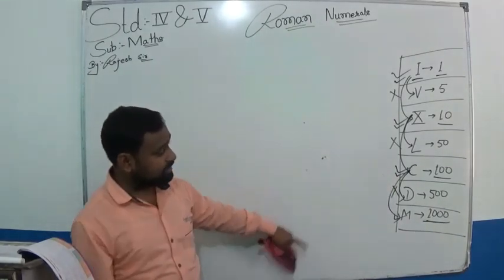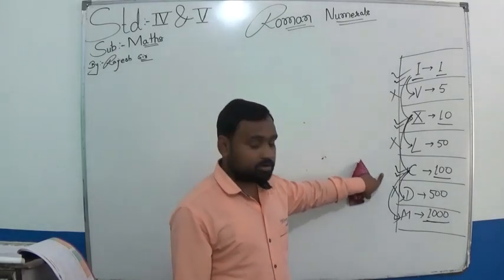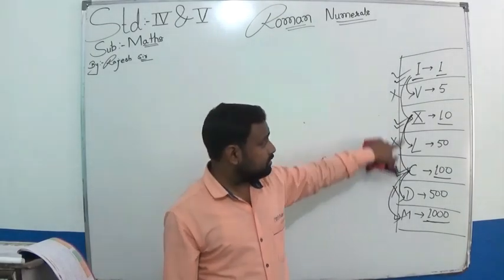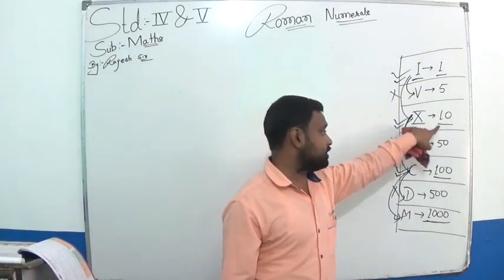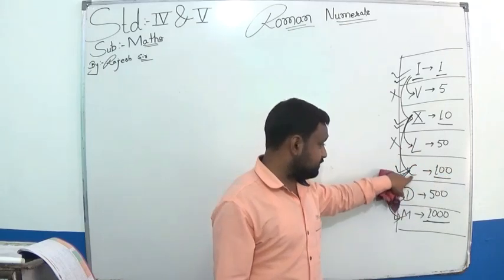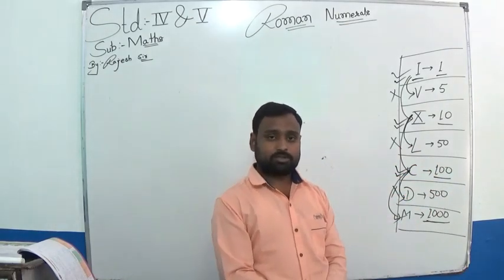Before that, I would like to suggest one thing to make solving this exercise very easy. First of all, write these symbols on the first page of your notebook: I for 1, V for 5, X for 10, L for 50, C for 100, D for 500, M for 1000.